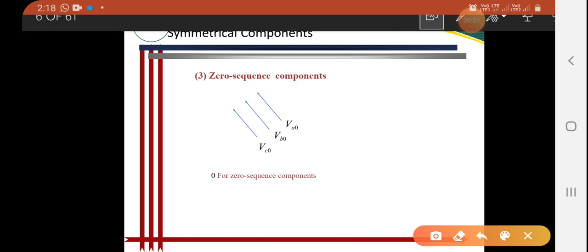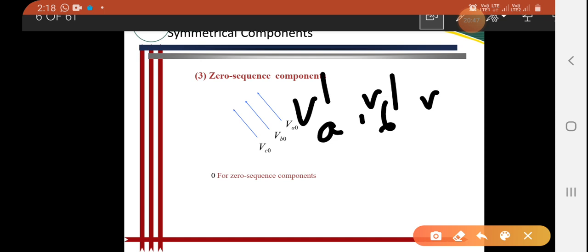Now the positive sequence components of VA, VB, VC can be written as VA1, VB1 and VC1.